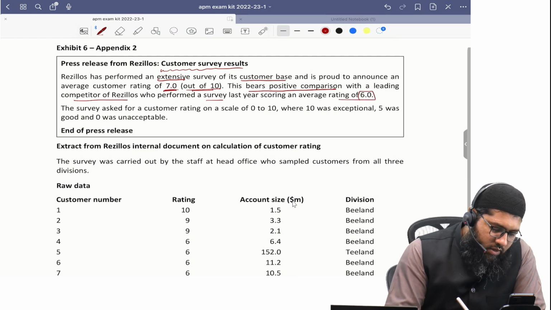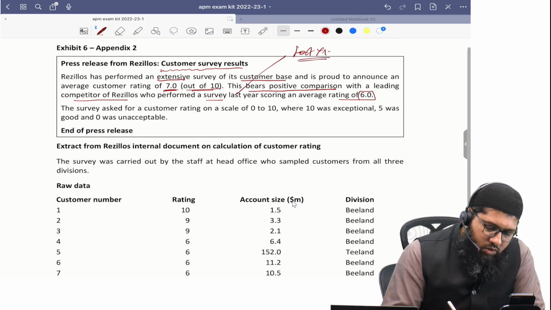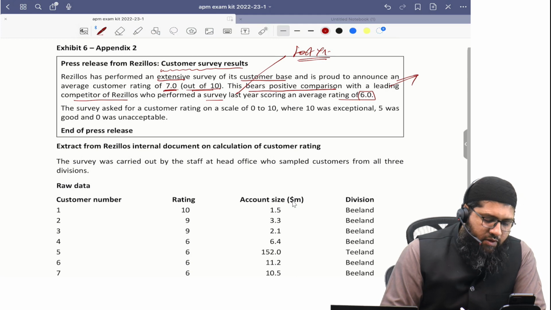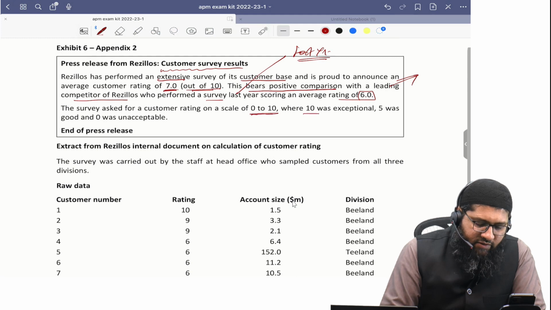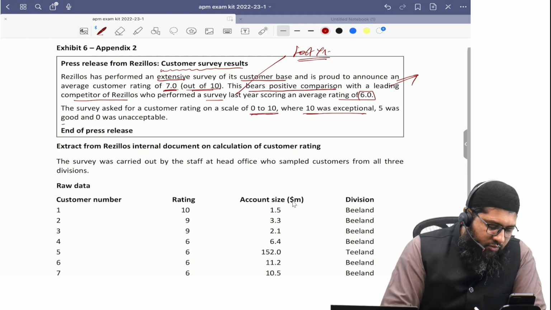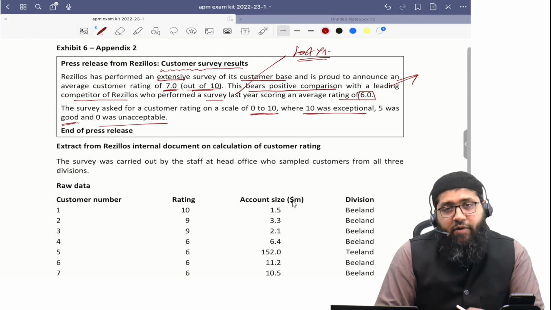See, you're comparing with last year, with a leading competitor. Who is the leading competitor? Now, the survey asked customers for a rating on a scale of 0 to 10, where 10 was exceptional, 5 was good, and 0 was unacceptable. Okay, end of press release.